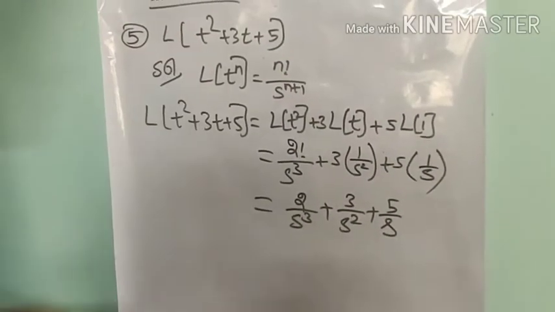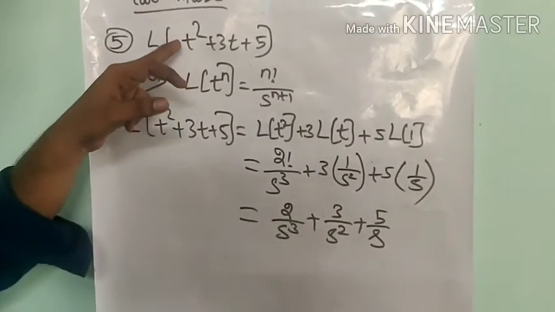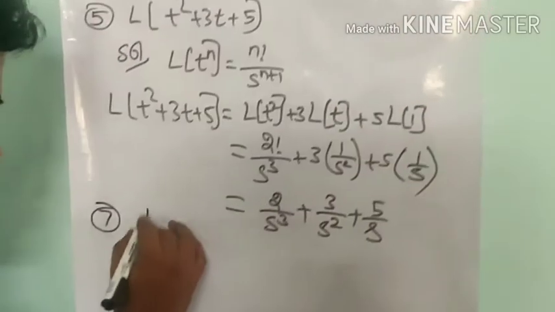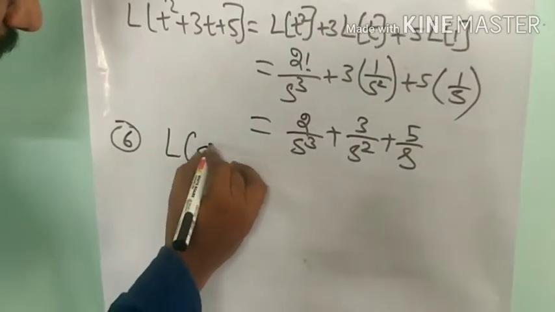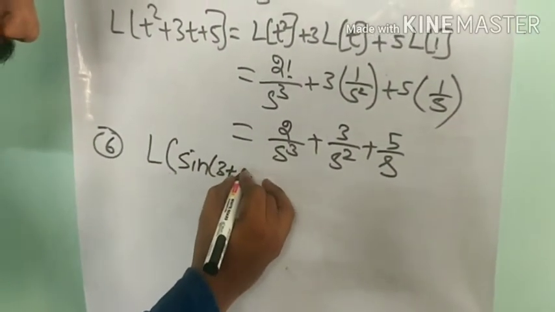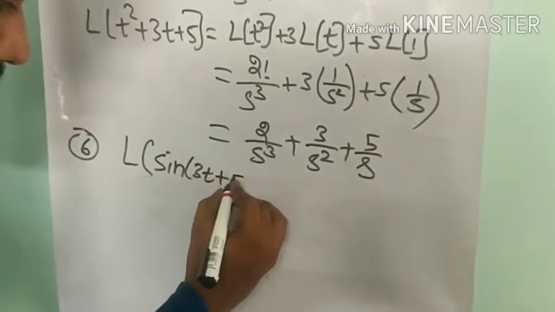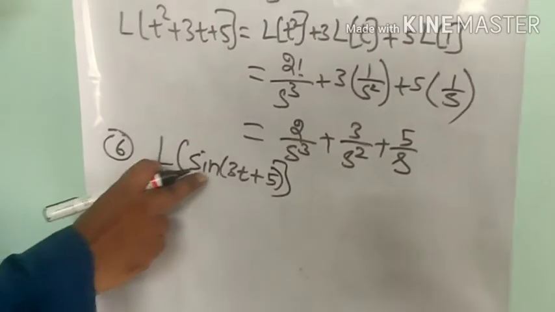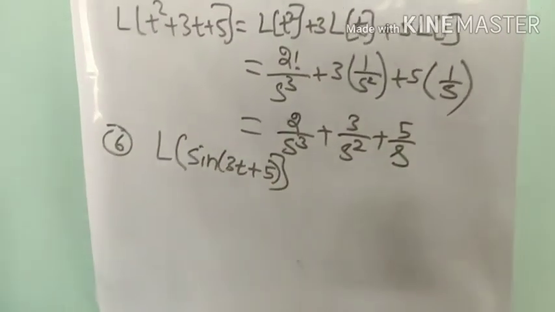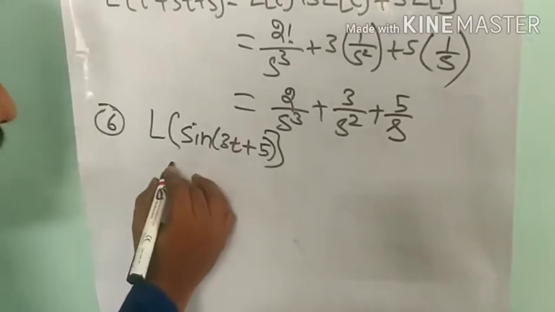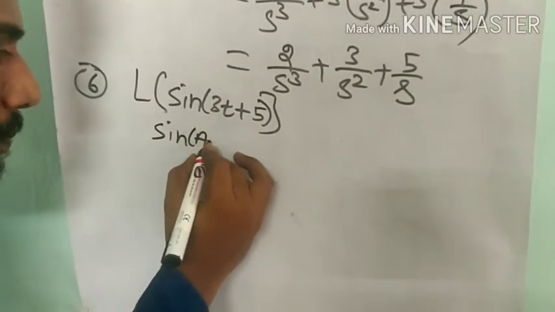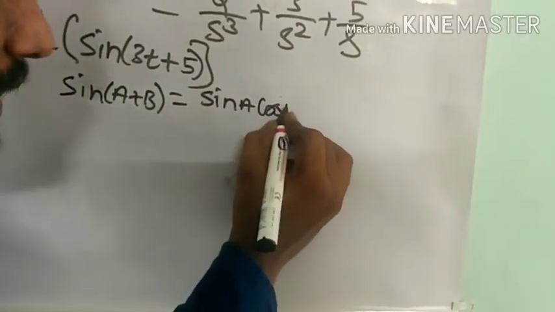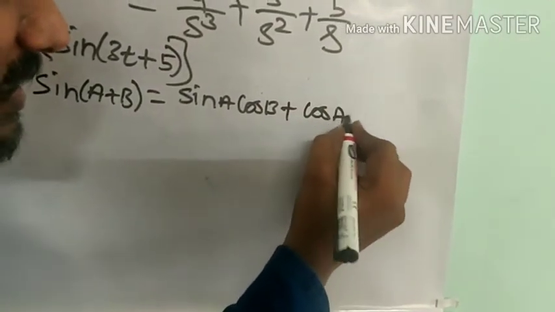This type of problem is also asked in exams, so you learn this. And lastly, sometimes they ask Laplace of sin(3t plus 5). Here you use a trigonometry formula. You know the sin(a plus b) formula, sin a cos b plus cos a sin b, which is very important.